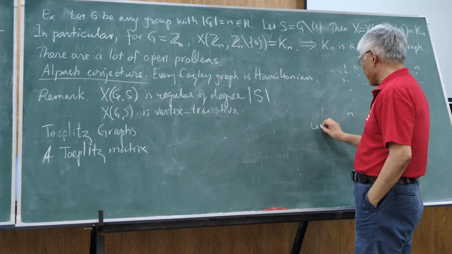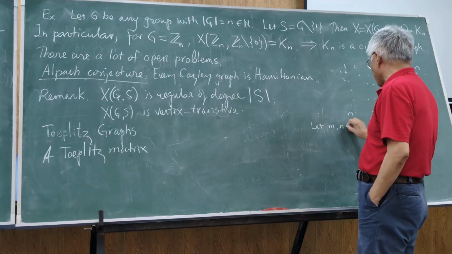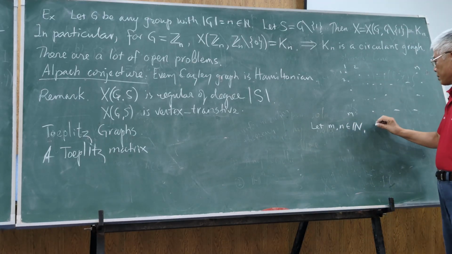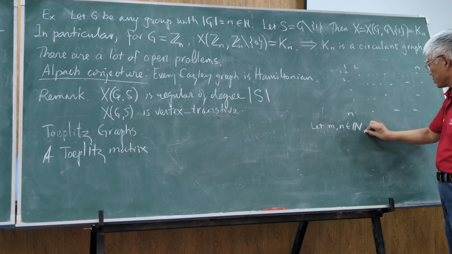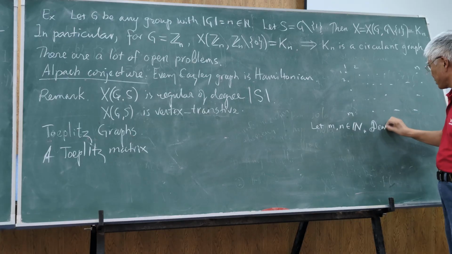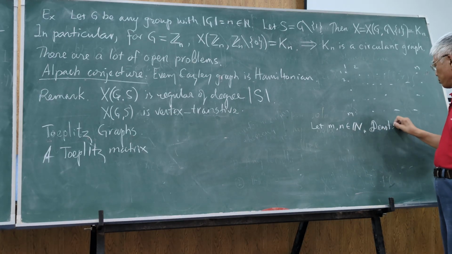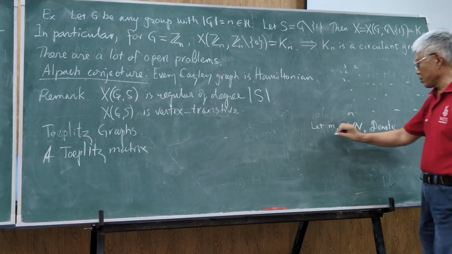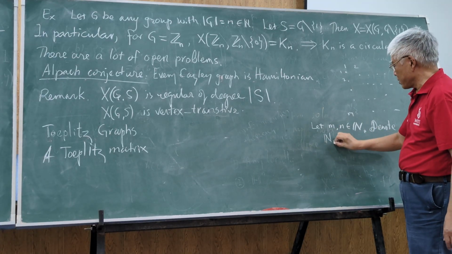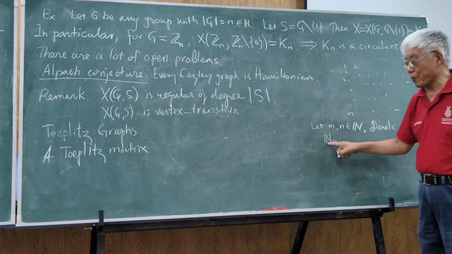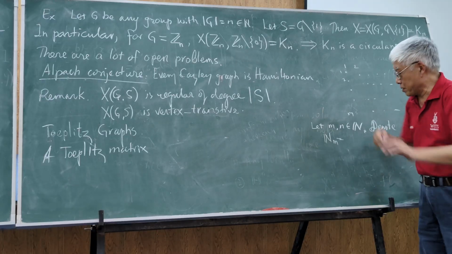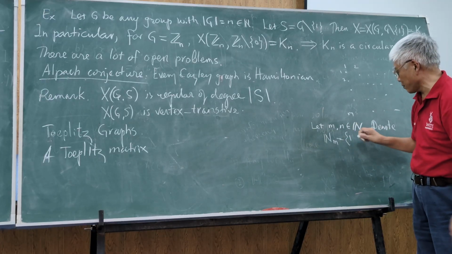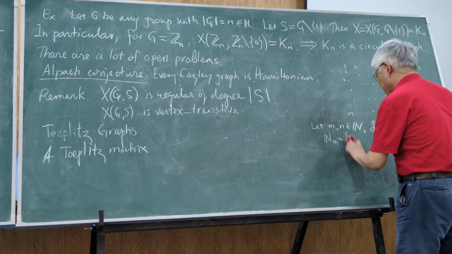So let m be a natural number. We denote by N sub m the set of natural numbers starting from the beginning and cut at m, just to not write the set fully.